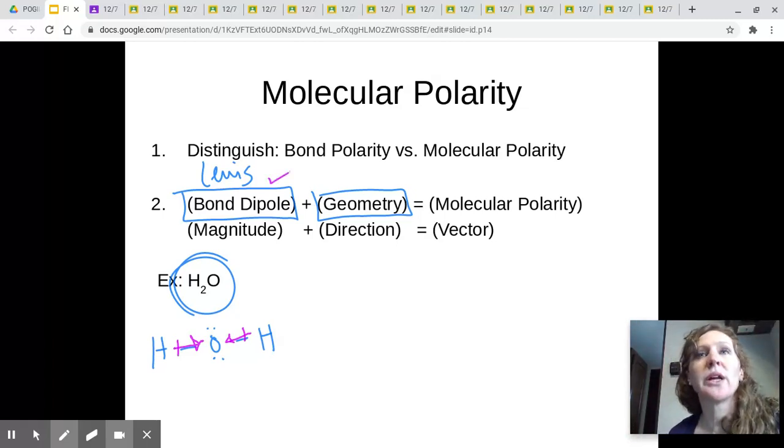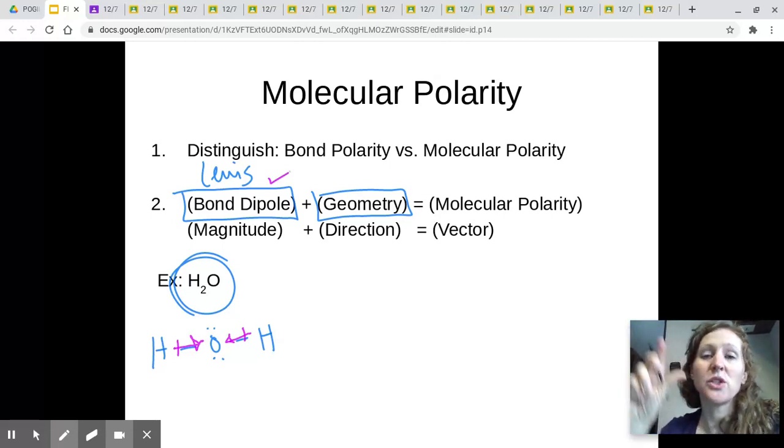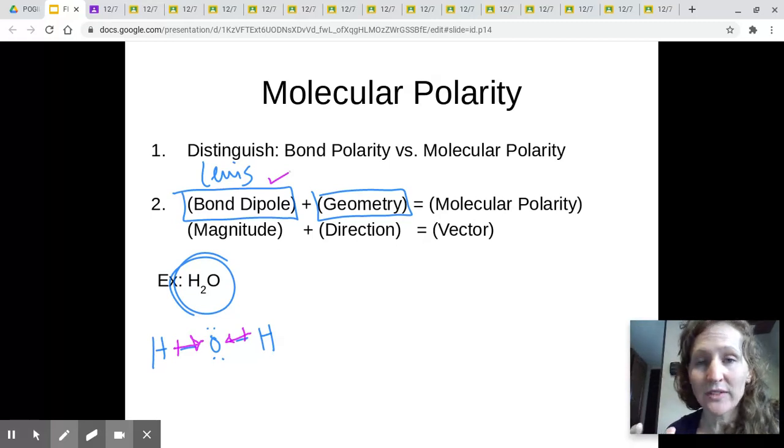If we were to run into the case where the bonds do not have dipoles, then automatically our molecule isn't polar. Now, that's not a very common circumstance. In order for a bond to not have a dipole, you have to have the exact same atom on either side of the bond.